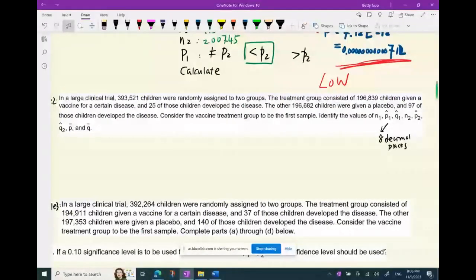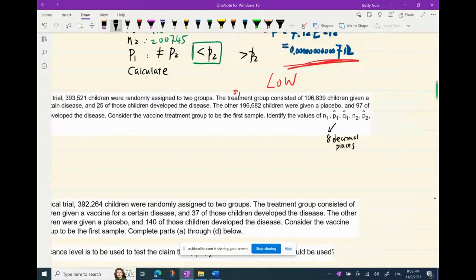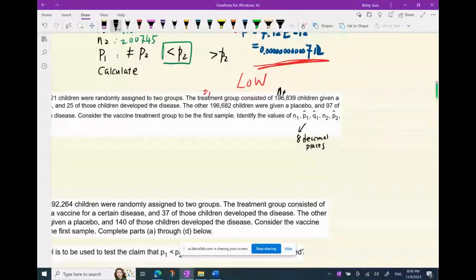In a large clinical trial, 393,521 children were randomly selected to form two groups, one treatment group, the other a placebo group. The treatment group we are going to see as sample 1, consisting of those many children, so that is n sub 1, the sample size of the first sample.